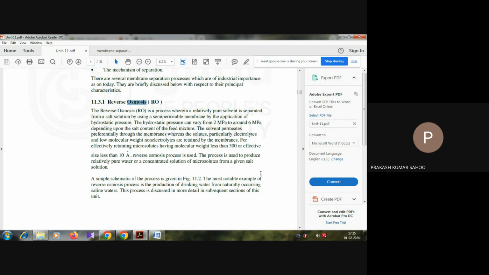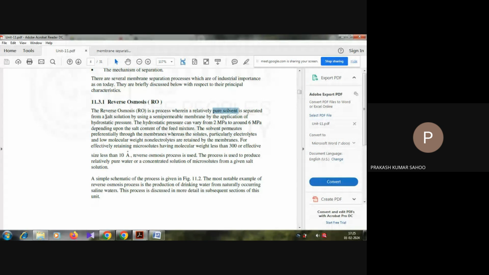There is movement of solute particles, and the solvent particles remain intact. This is the use of the reverse osmosis process, which is generally used in water purifiers. Reverse osmosis is a process where a relatively pure solvent, just remember this, pure solvent means it has less concentration, is separated from a salt solution.